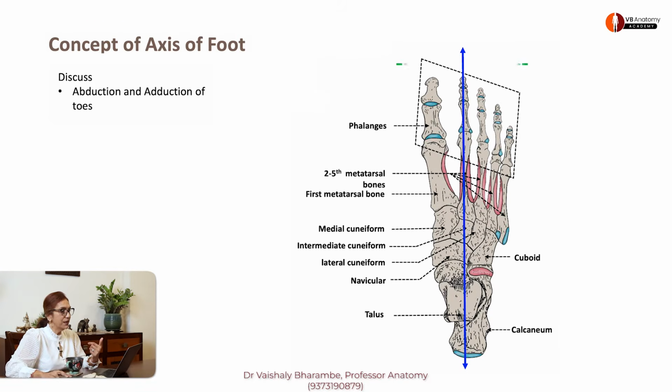Any movement towards the axis is called adduction. Away from the axis is called abduction. Simple. Remember this principle because you will come across it in this lecture as well as the next one. It's important, it's relevant.